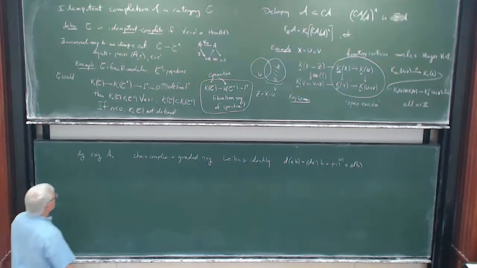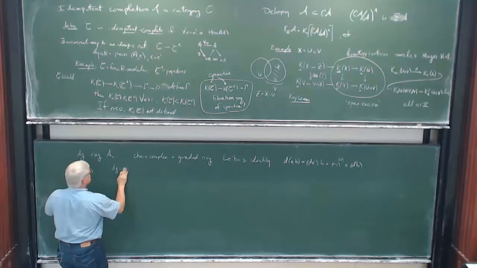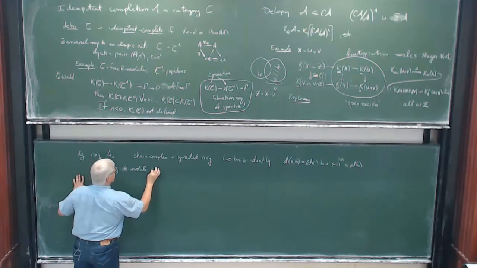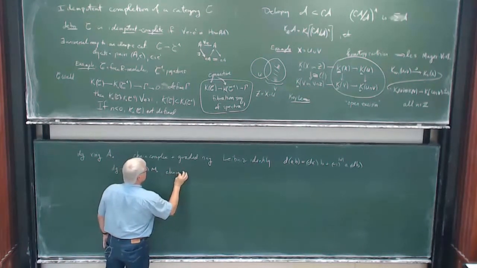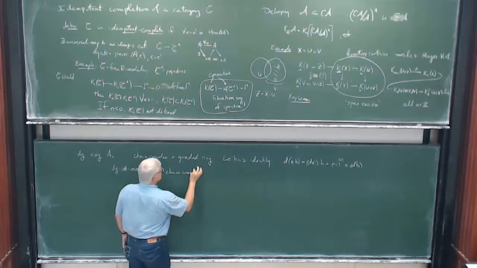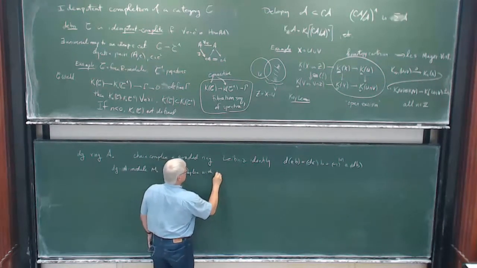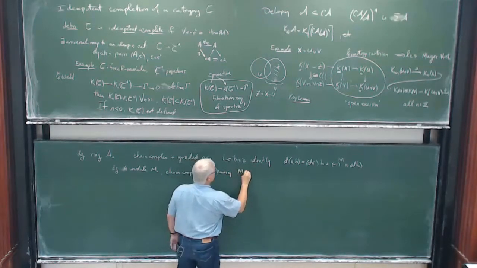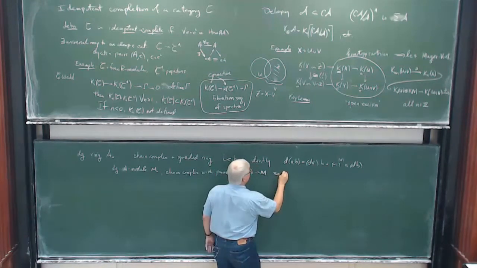Okay. So you can talk about a DG module M, and this is a chain complex with a pairing M tensor A to M, satisfying the usual stuff.